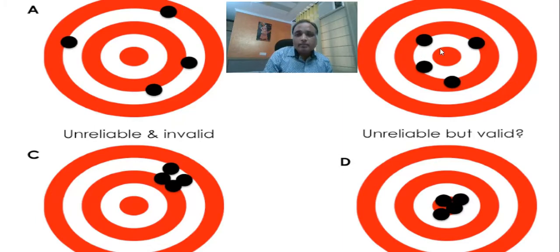Here what they are doing, they are very close, the difference between the dotted line and the dark line is very close, right? So they are valid because they are very close to capturing the inner circle, red circle, but not reliable. Why are they not reliable? Because still they are capturing different dimensions. This is capturing this, this is capturing this, this is capturing this, this is capturing this.